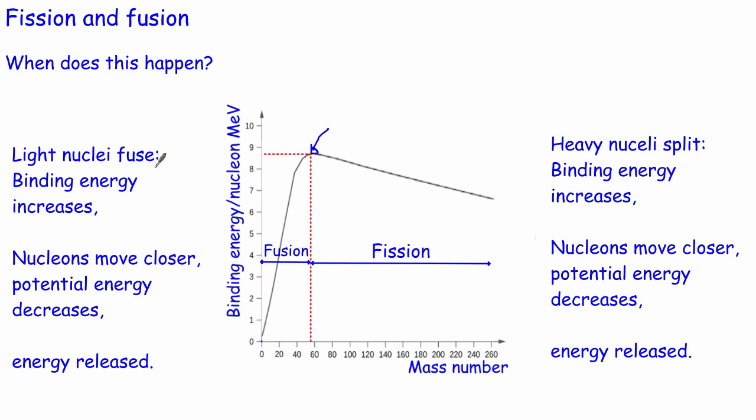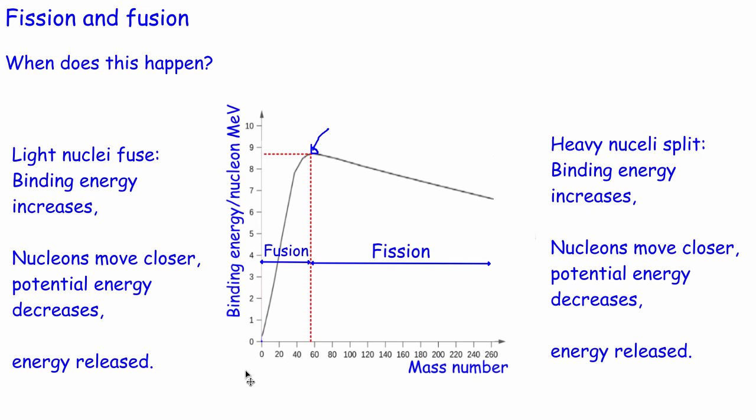So for example, let's take fusion. Basically what happens is you fuse your two light nuclei, the binding energy increases so that you end up with a higher binding energy per nucleon than you did to start off with. This essentially means the nucleons have moved closer together, so the thing's more stable. That means the potential energy has gone down, so you get energy out.